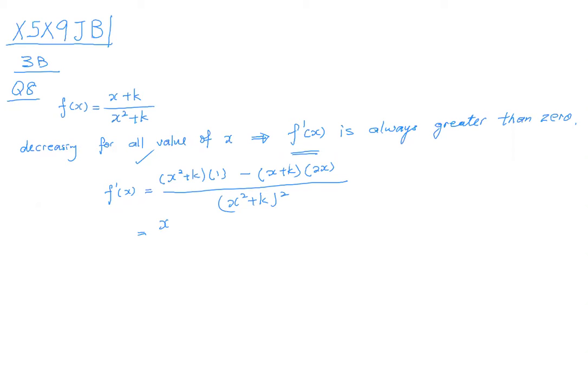I got x squared plus k minus 2x squared minus 2kx over (x squared plus k) squared. When I simplify this, I will get negative x squared minus 2kx plus k over (x squared plus k), the whole thing squared.